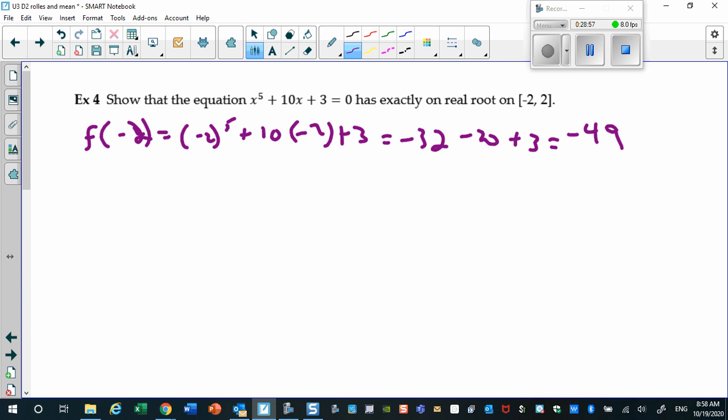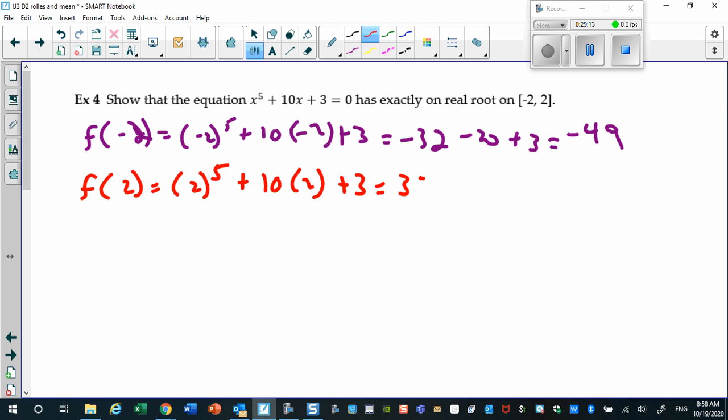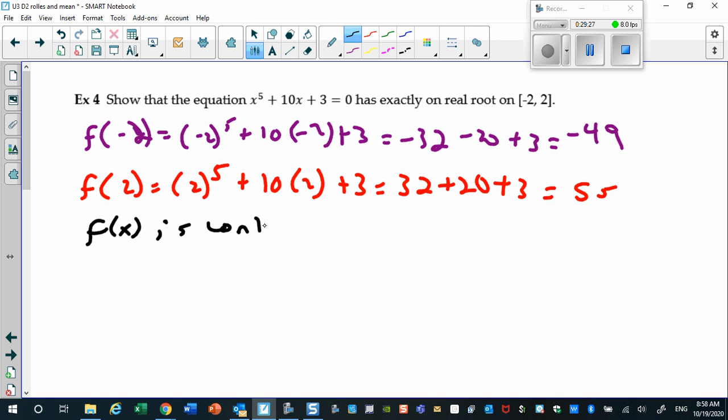Is that what I want to do? Yes, okay. And then I'm going to do f of 2: 2 to the 5th plus 10 times 2 plus 3, which is 32 plus 20 plus 3, which is 55. I should state f of x is continuous and differentiable. Okay, that should say exactly one real root.